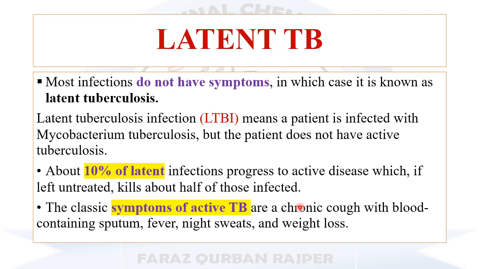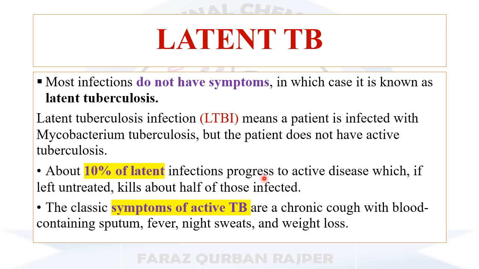The other classic symptoms of TB are a chronic cough with blood in the sputum, and the patient may have fever, night sweats, and weight loss. These symptoms are present only in patients who have active TB.